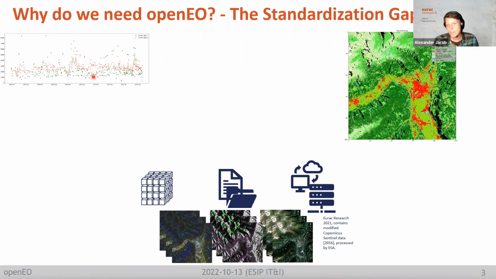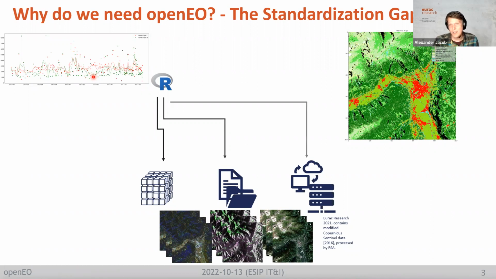And then when you do your development in some of the common scientific programming languages like R, for each of these you need to implement a different way of accessing them. So one coding session for the data cube, one for your file system with all the paths and so on, and one for an S3 bucket to link to.